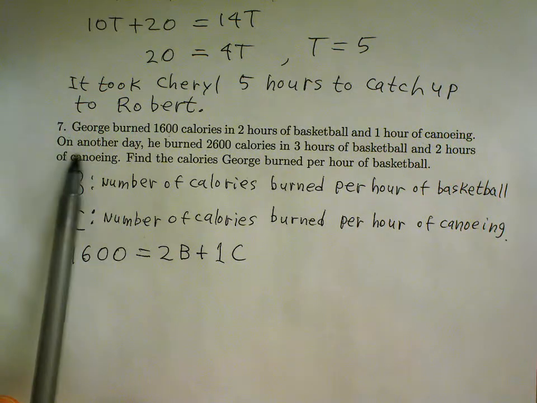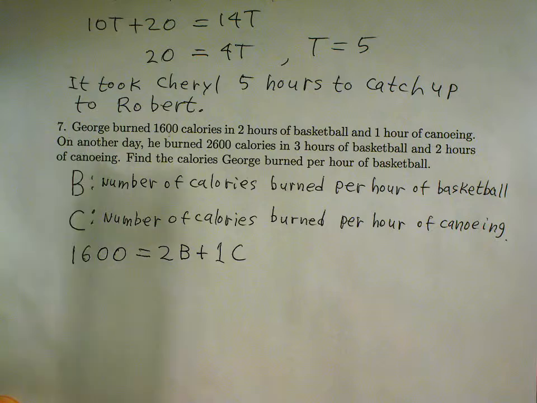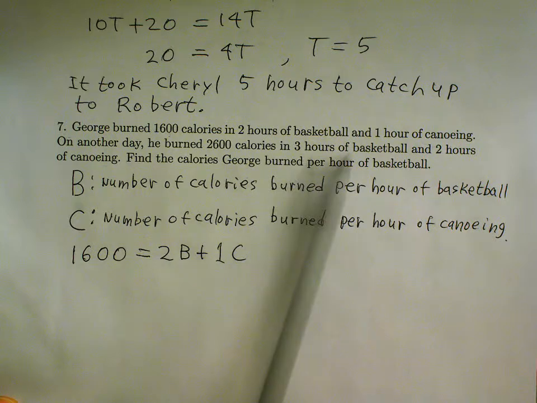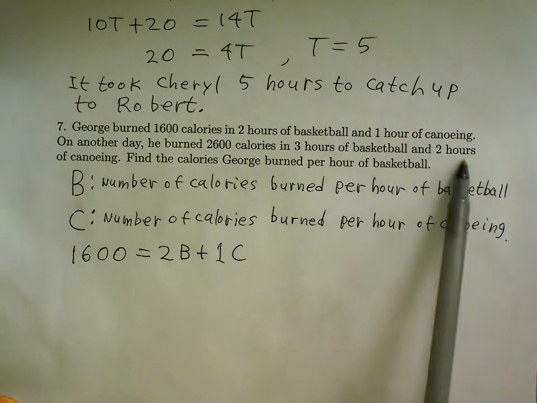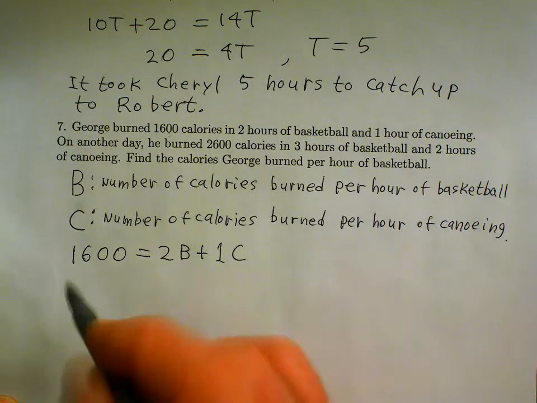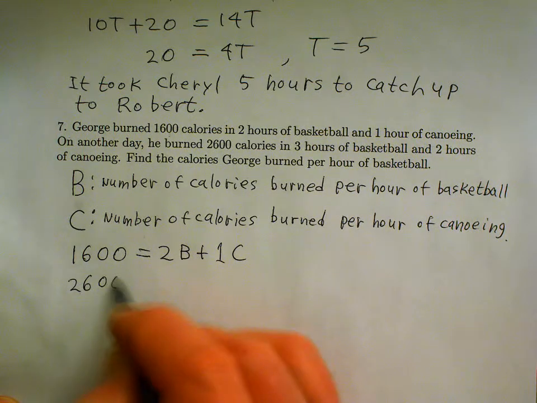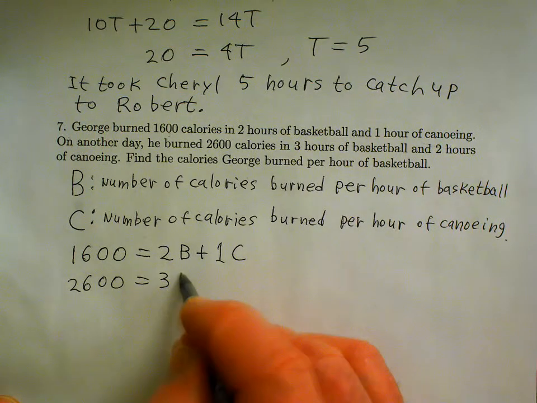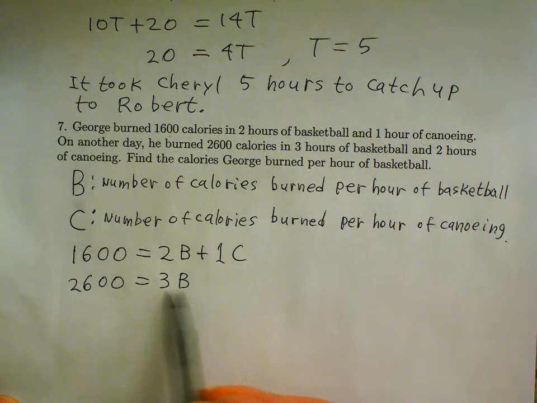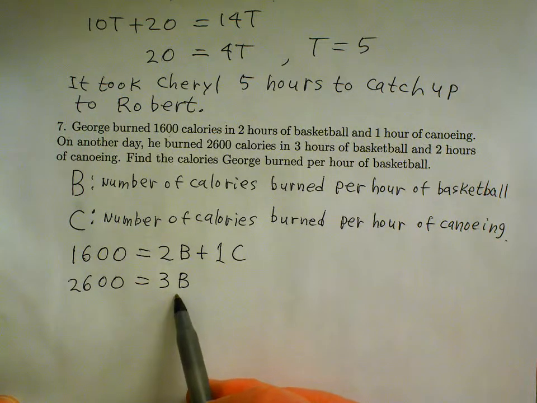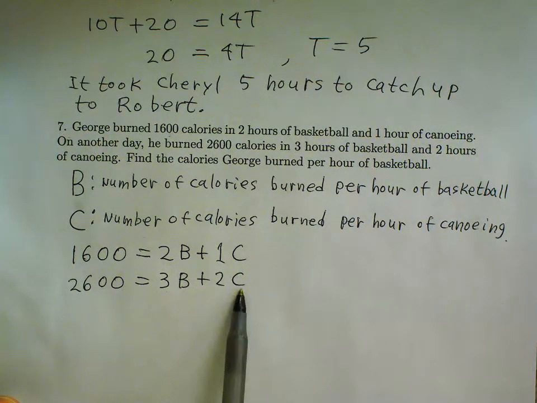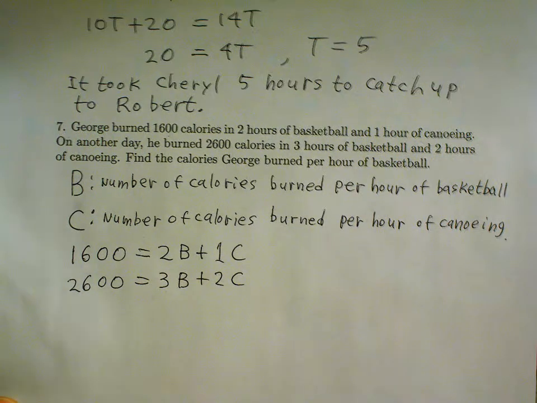Okay, then in the second sentence, he burns 2,600 calories playing basketball for 3 hours and canoeing for 2 hours. So the other equation, 2,600 calories, 3 hours of basketball, so 3 times B represents the number of calories he burned playing basketball for 3 hours, and then plus 2 times C, that represents the number of calories burned when he canoed for 2 hours.